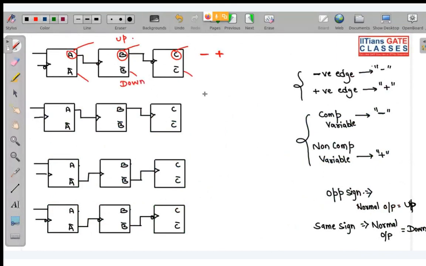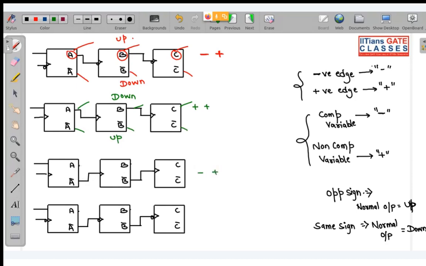Now in the second case, you can see you are taking output from your non-complemented, so that is plus, and on top of that it is positive edge, so plus. Same sign means if you take from non-complemented, it will be down counter, and if you take output from here, so this will be up. Similarly, over here you can see you are taking output from non-complement, and this is positive edge.